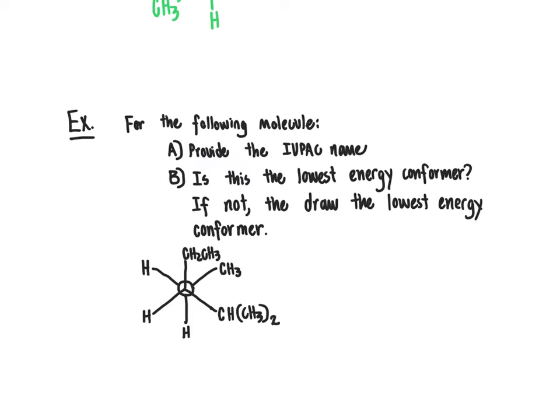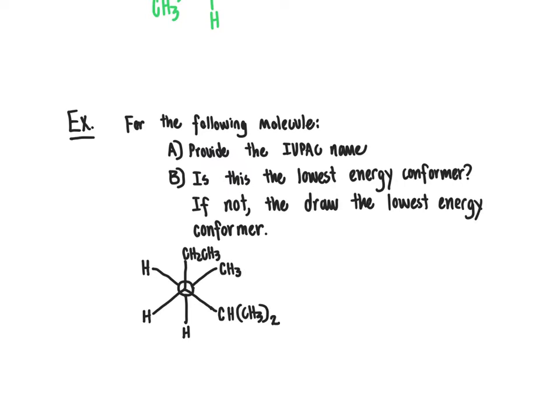First off, we need to provide the IUPAC name for the molecule that is listed here. In order to name a particular molecule, rather than going straight from the Newman projection and trying to come up with a name based on it, what I highly recommend is to instead redraw this molecule as either a line angle formula, a condensed structural formula, or a Lewis structure in order to name it.